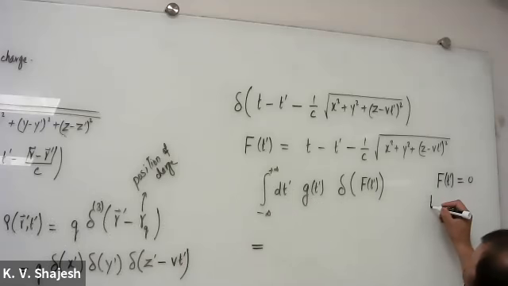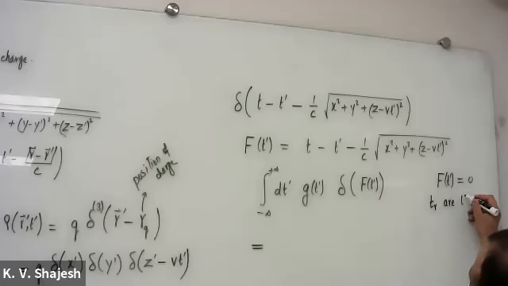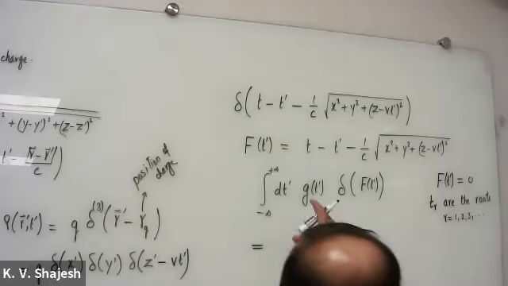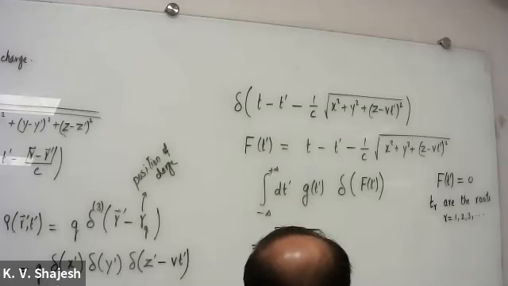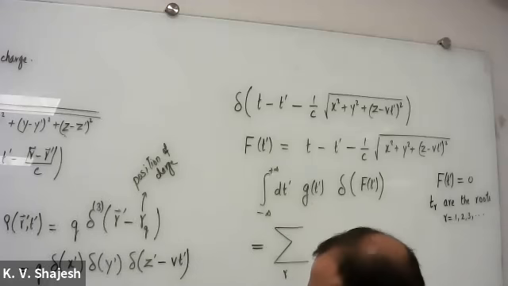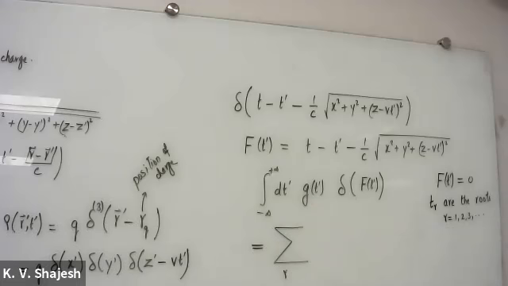Let's say t_r are the roots of the above equation, where r could be 1, 2, 3, however many roots it has. Then for each root, it will get a contribution. Since we don't know how many roots there are, I just say summation over r. If there are 3, it will go from 1 to 3.